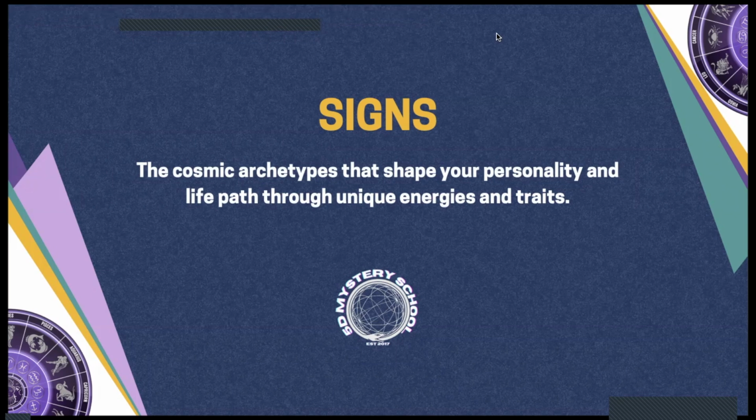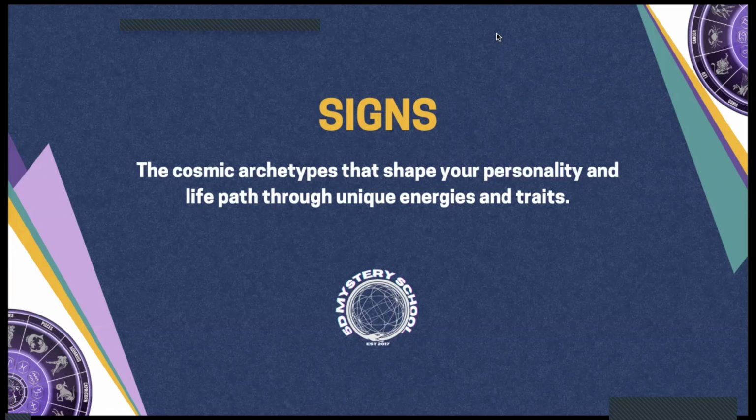The signs from above. Some might say that your future is written in the stars. What do they mean when they say that? The signs are constellations. The signs are the cosmic archetypes that shape your personalities and life path through unique energies and traits.